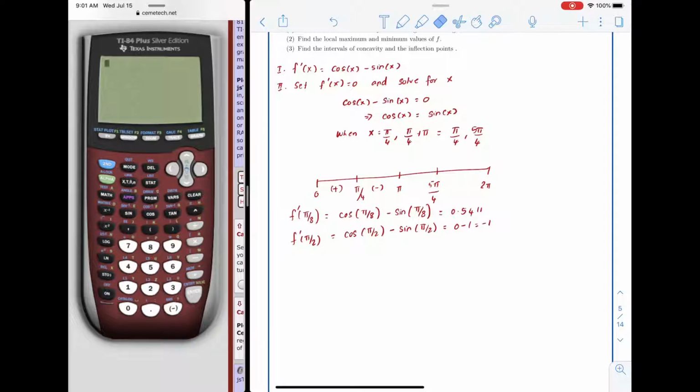Maybe I could do 4.5 pi over 4. That will lie between pi and 5 pi over 4.